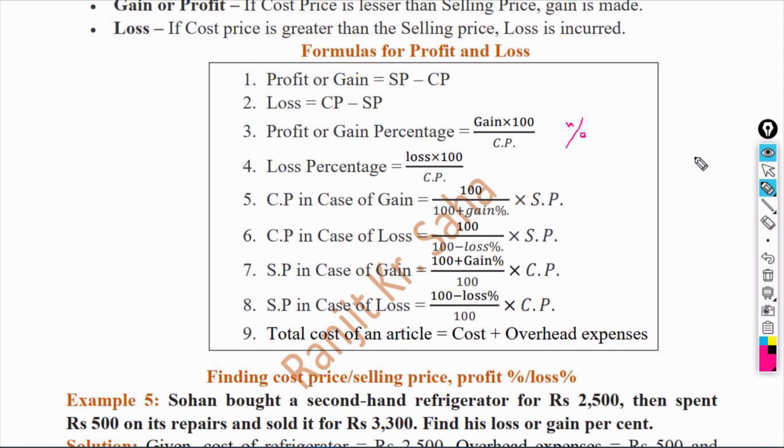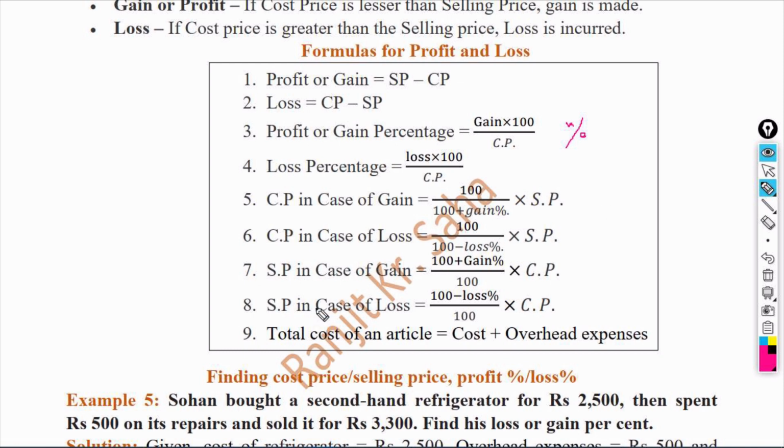And if percentage gain or profit is known, we have to find CP. Then 100 by 100 plus gain percent into SP will give the CP, and in case of loss, that is 100 by 100 minus loss percent into SP.